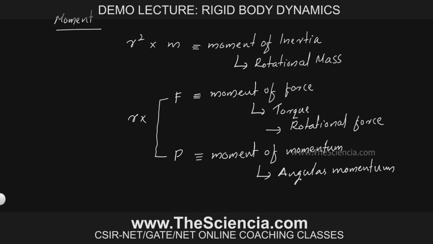Or we can call it, similar to rotational mass and rotational force, rotational momentum. So I think you got the idea about moment. Now we are discussing more about moment of inertia.